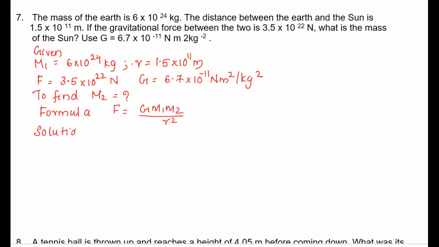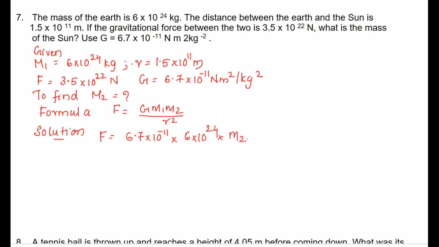On substituting these values in the formula, we will get the solution, that is F is equal to G, which is 6.7 into 10 raised to minus 11, into M1, which is 6 into 10 raised to 24, into M2.